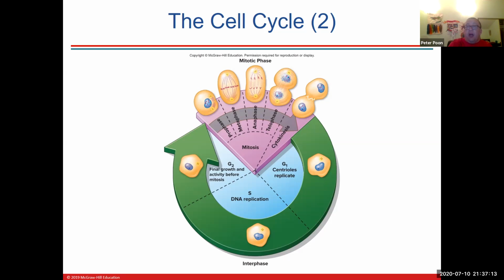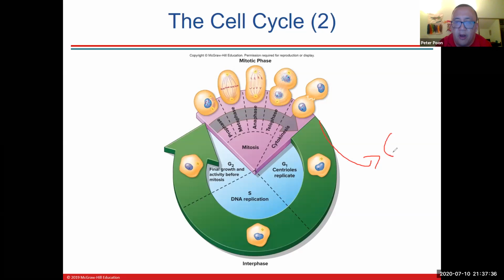There are cells that also don't divide anymore. They're in the cell cycle, but they're exiting the cell cycle. So they can exit right here. There's an alternative pathway called G0. Cells in G0 will never replicate again.